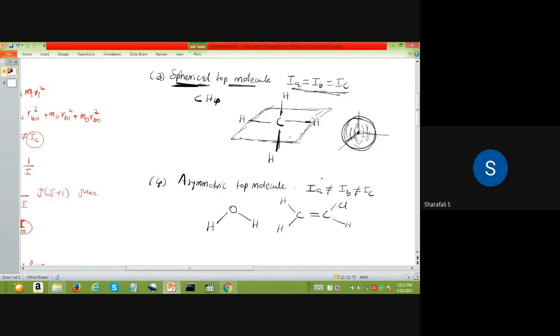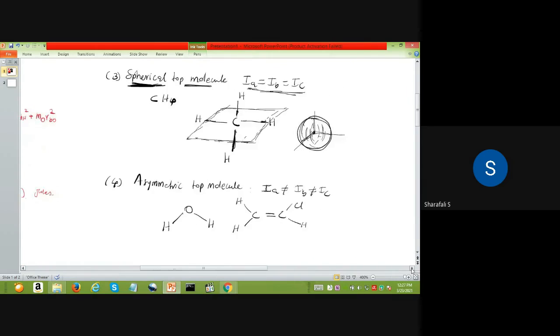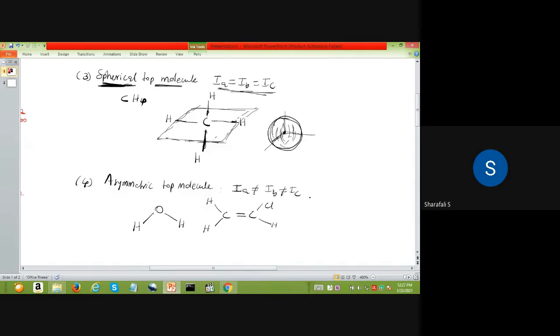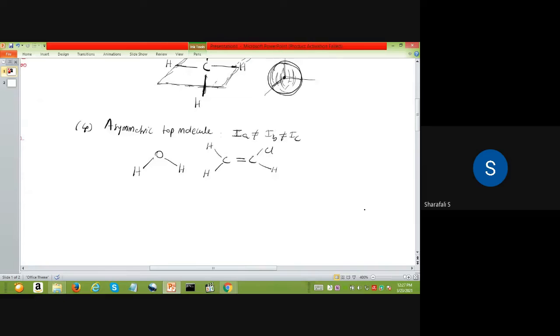And in this case, nothing will be equal. So you can represent this with a figure. I will just show that.